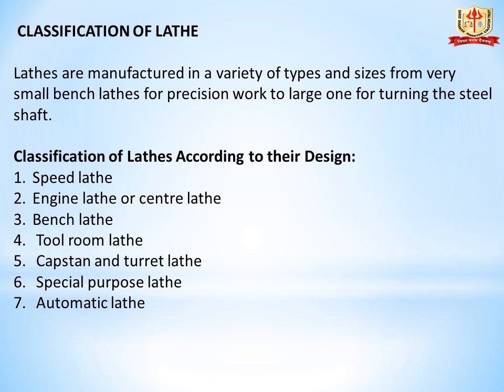Classification of lathes according to their design: first is the speed lathe. Second is the engine lathe or center lathe. Third is the bench lathe. Fourth is the tool room lathe. Fifth is the capstan and turret lathe. Sixth is the special purpose lathe. And seventh is the automatic lathe.